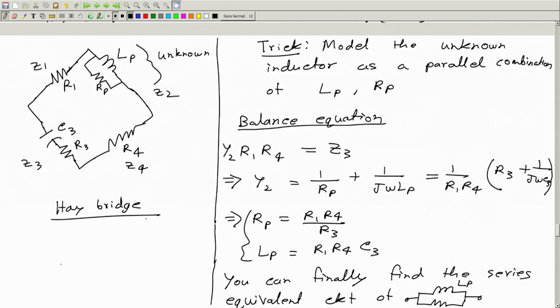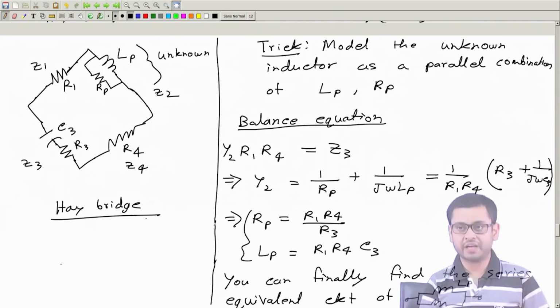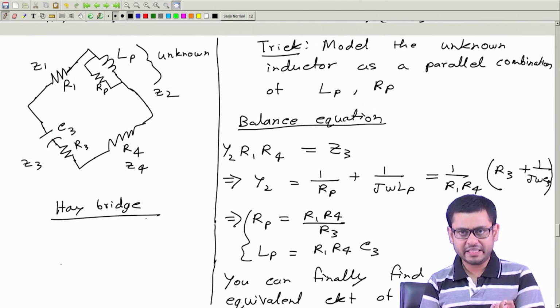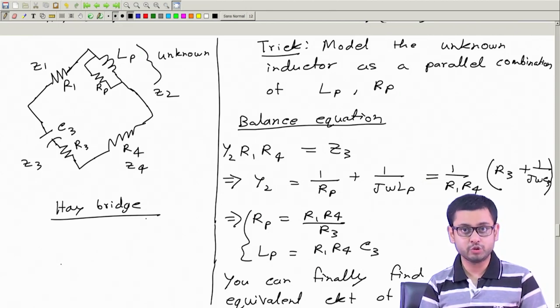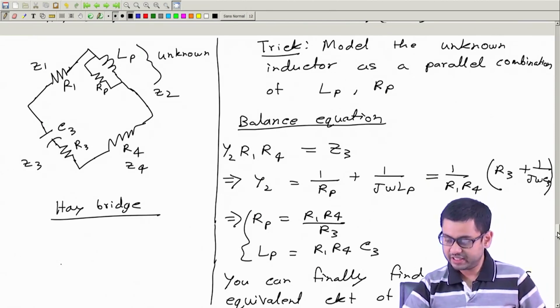and all the things that we are doing is not a new science, it's nothing new, it's all small mathematical and engineering tricks which make these things easy and simple. Okay. So, we are just learning small tricks which make the bridges easy to derive their balance equation. That is the point.